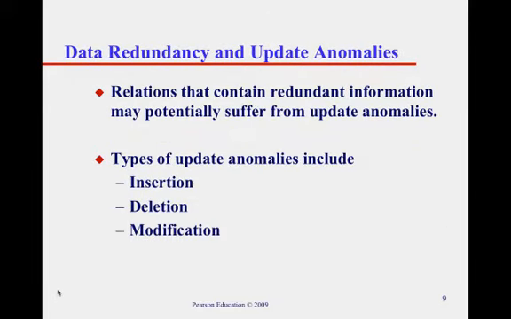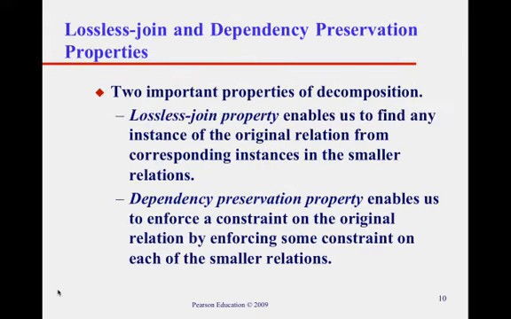Okay, so if you're not careful, you're going to get insertion, deletion, and modification anomalies, and that's what we're trying to avoid. The way we come into that problem is because there's too much information in a single relation.